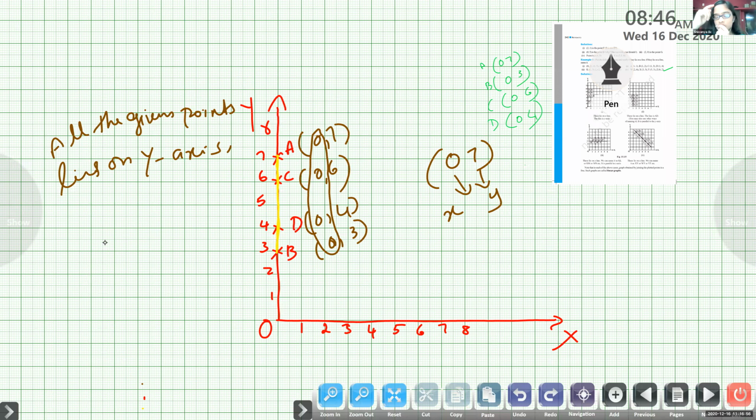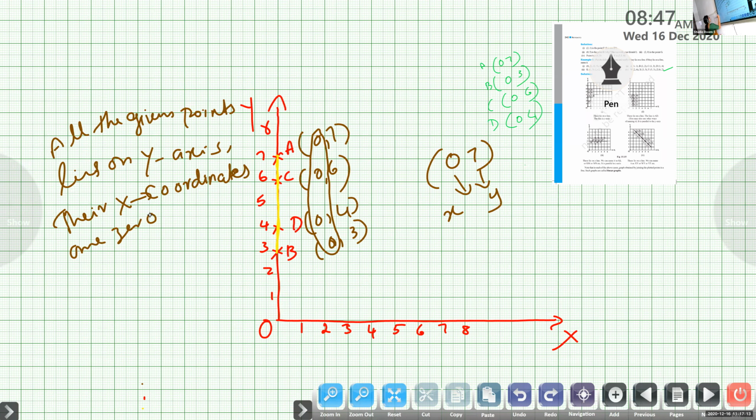Ma'am, can we write it in that graph book itself? Below the question you can write. Their x coordinates are 0.